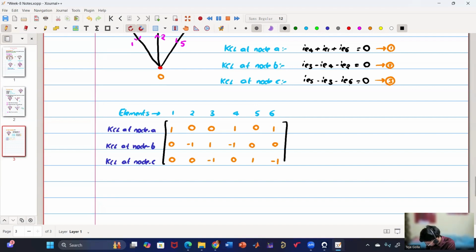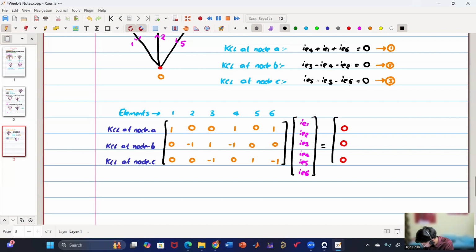This matrix multiplied by IE1, IE2, IE3, IE4, IE5, IE6 is equal to 0, 0, 0.